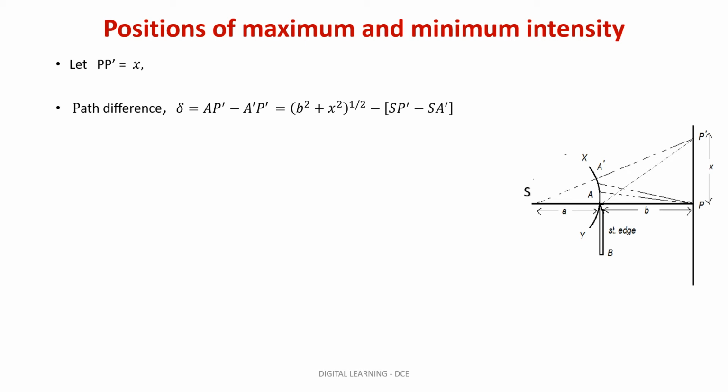Hence, in this equation, A dash P dash can be written as SP dash minus SA dash. So our equation now becomes the path difference delta is equal to (B squared plus x squared) to the power of half minus (SP dash minus SA dash). Let us retain the first term.